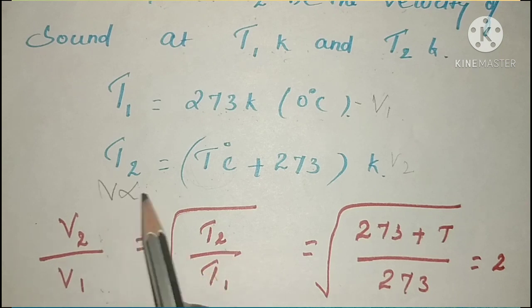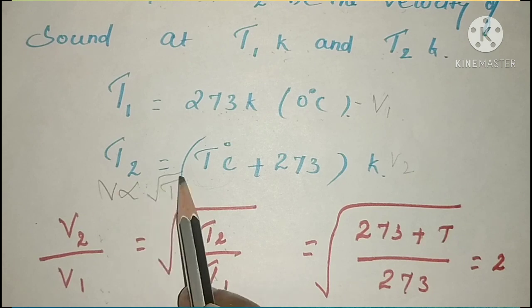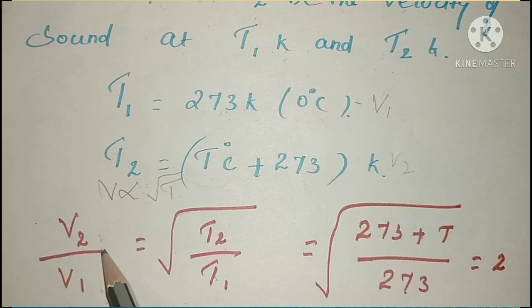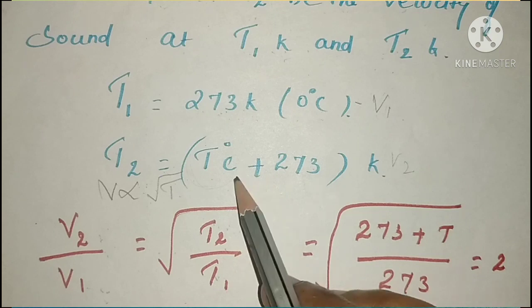Velocity is directly proportional to the square root of temperature. Based on this, V2 by V1 is equal to root of T2 by T1, where T2 is the temperature at velocity V2, and T1 is the temperature at velocity V1.